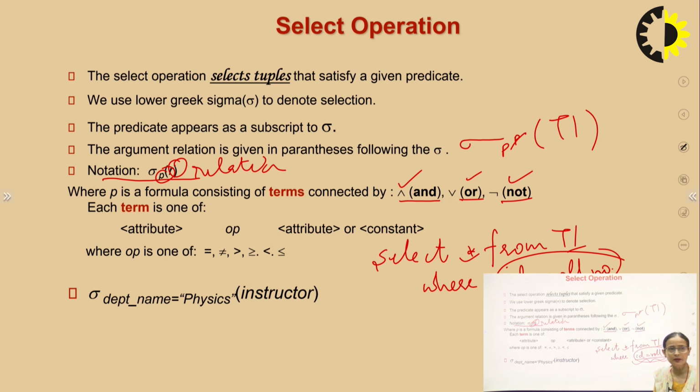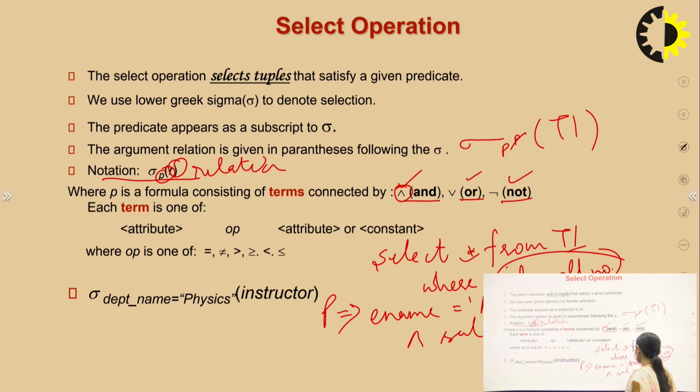Then what will the condition become in this case? The predicate in this case is employee name, for instance this is my attribute, name is equal to Amit. And in this case, what's the symbol? A caret sign. And then the salary is equal to 65,000. So this is how you give multiple conditions in a single predicate.